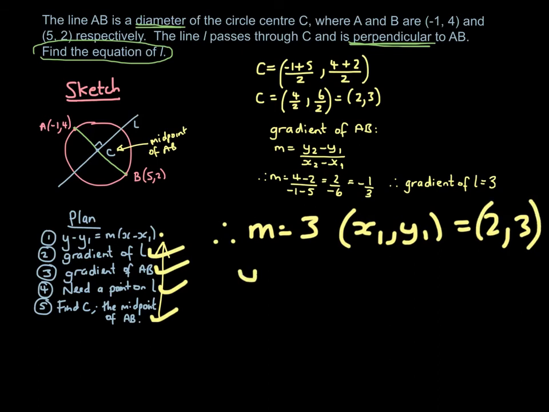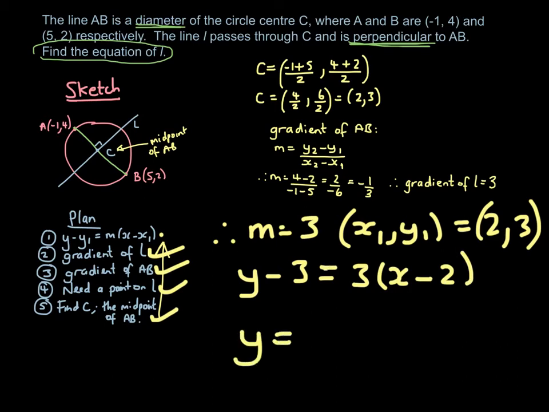So y minus 3 is equal to 3 brackets x minus 2. If we expand and simplify that, we get 3x, and minus 6, and if we bring that minus 3 across, we'd have minus 6 add 3, so it's going to be minus 3. Done.